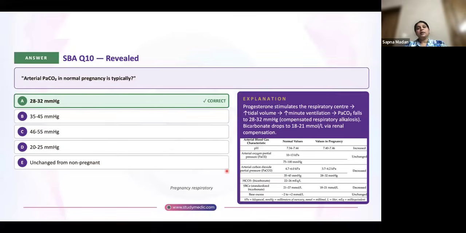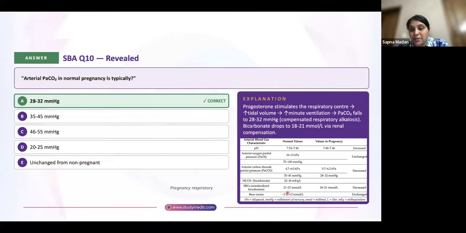Progesterone is stimulating the respiratory system. That will increase the tidal volume and the minute ventilation. So the PaCO2 is going to fall to 28 to 32, and this is respiratory alkalosis. The bicarbonate, because of the renal compensation, will also fall to 18 to 21 millimoles per liter.